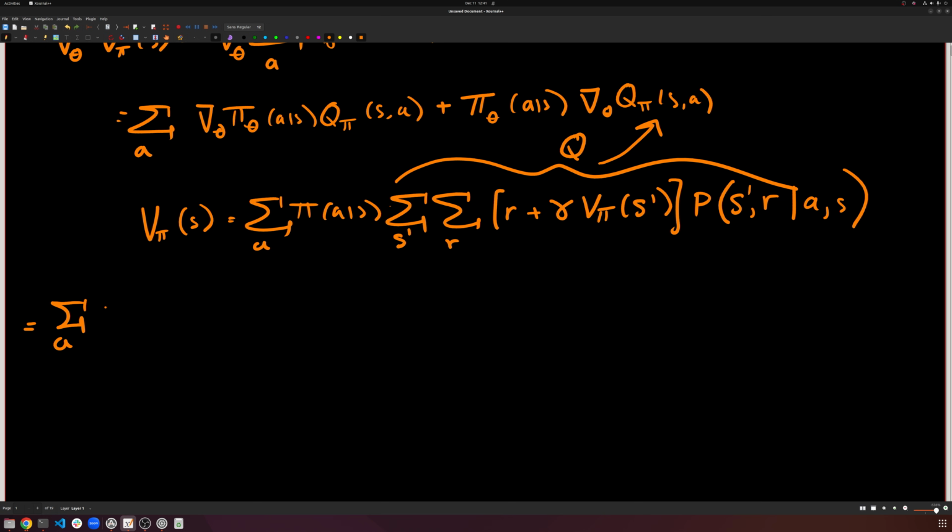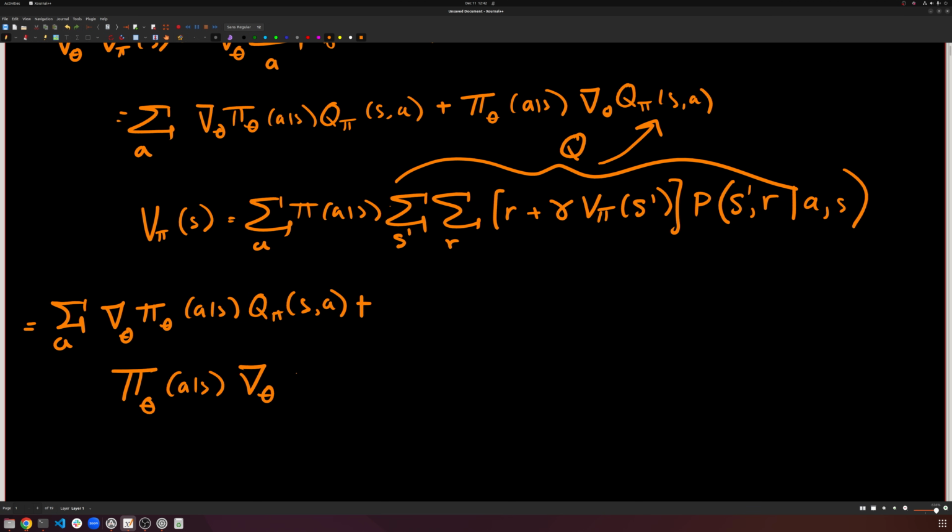Sum over a, gradient theta of pi of a given s, Q pi of state-action, and then plus pi theta of a given s, and we want the gradient of Q, and Q is all of this stuff. So let's write that out.